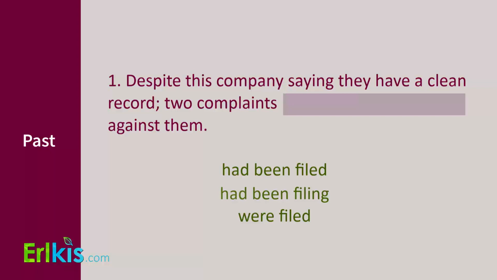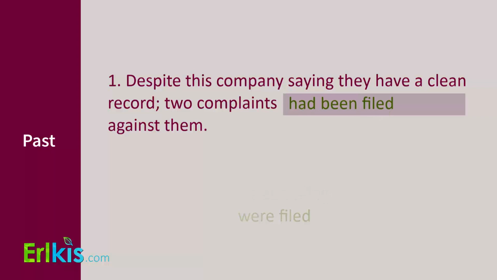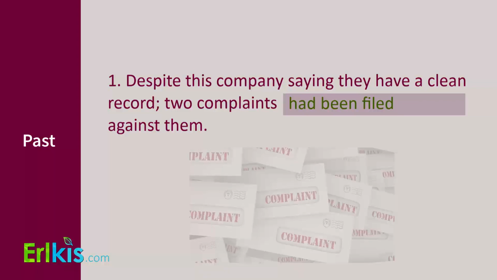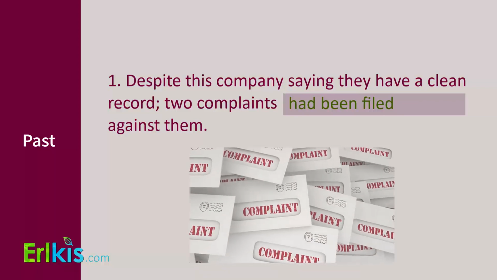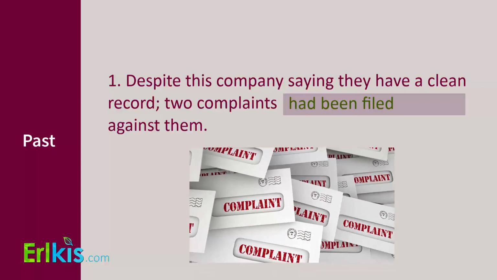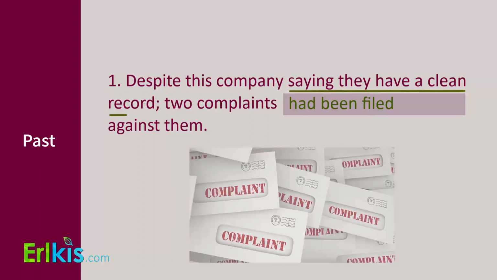The answer is had been filed. So here we want the past perfect. There are 2 events. This is the first event that the 2 complaints had been filed. The second, more recent event is found in the phrase saying they have a clean record.